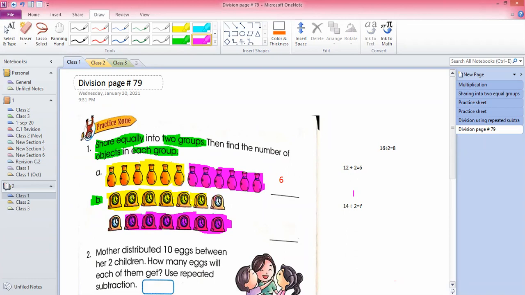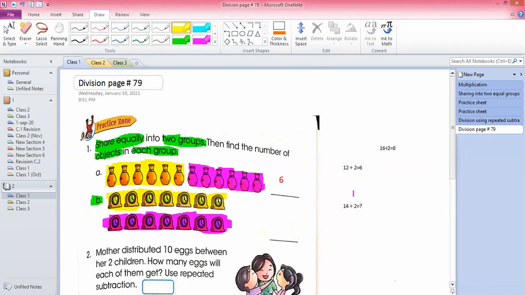How many clocks are left now? Salman? 2. This one and this one, right? So I can share it one more time. I can share this one again with group B and this one with group A. Can you tell me in one group how many clocks are there?